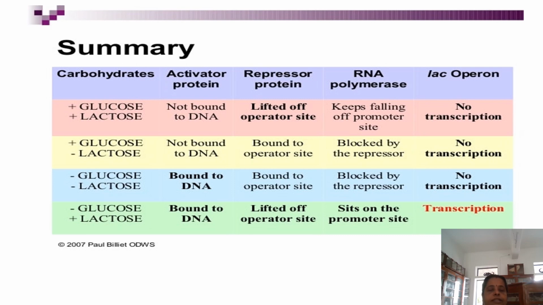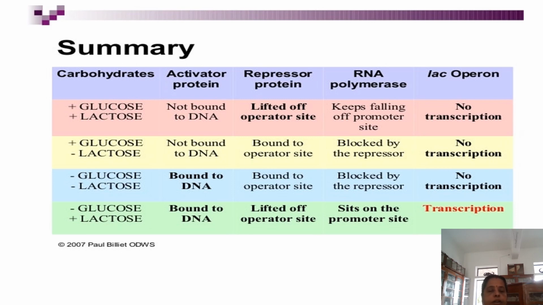In the second situation, when glucose is present and lactose is absent, the activator protein doesn't bind to DNA, whereas the repressor protein is bound to the operator site. RNA polymerase is blocked by the repressor, no transcription occurs.